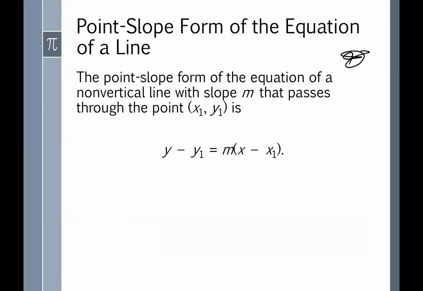So on Monday, we had gotten the equation, the formula, and a formula in mathematics is an equation where you know all the variables except one. So to find the slope, you need to know the values of 2 points on your line. And if you know the values of those 2 points, you can find the slope.